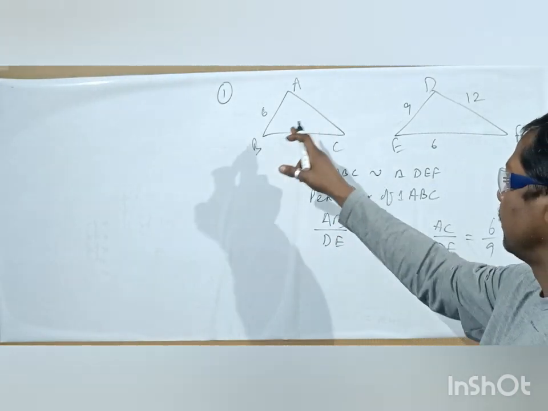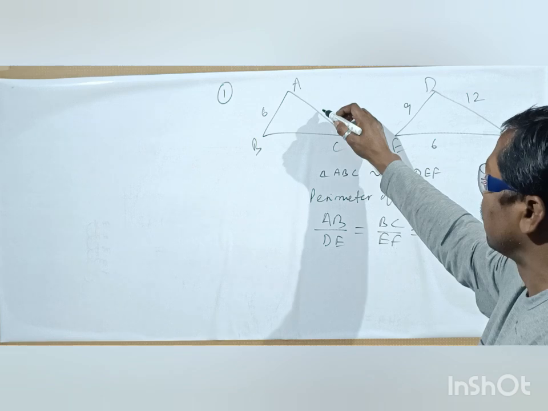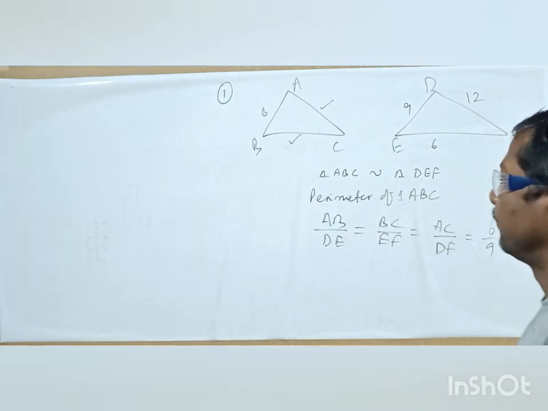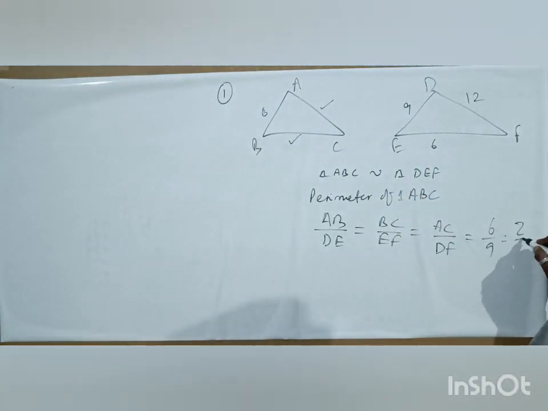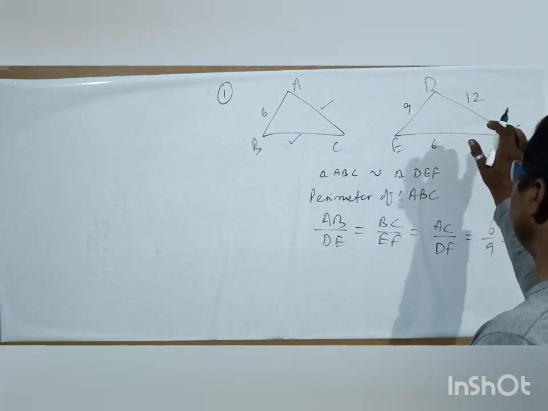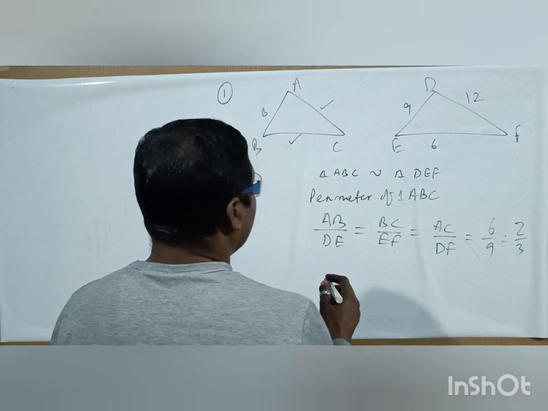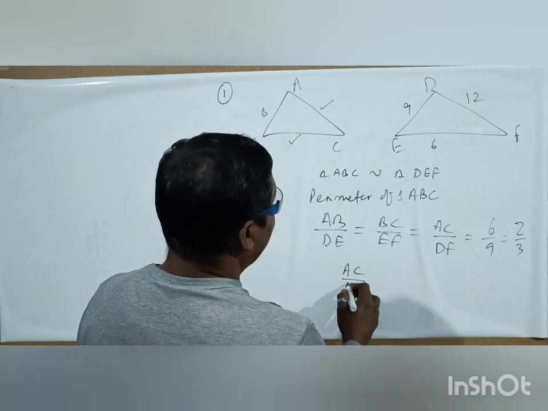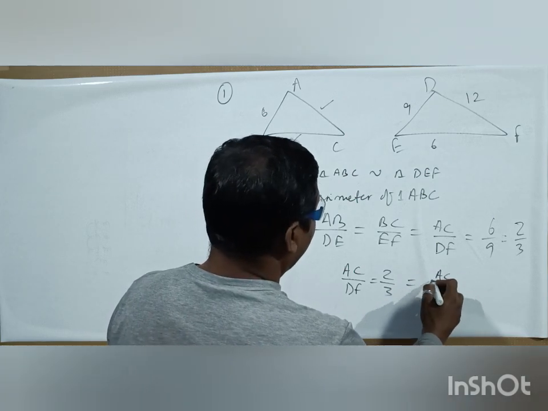To find the perimeter of ABC, we have to find all three sides. So we have to calculate the sides AC and BC. We know the corresponding sides are in the ratio 2:3. So AC and DF will be in the ratio 2:3. AC by DF equals 2:3, where AC we have to find and DF is 12.